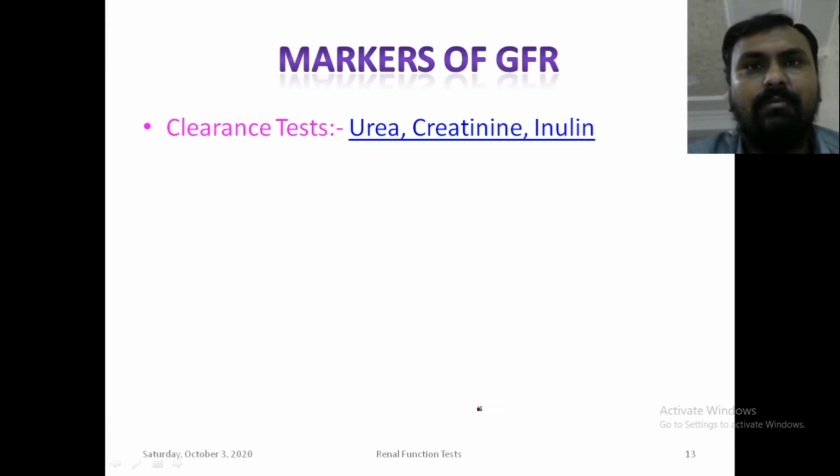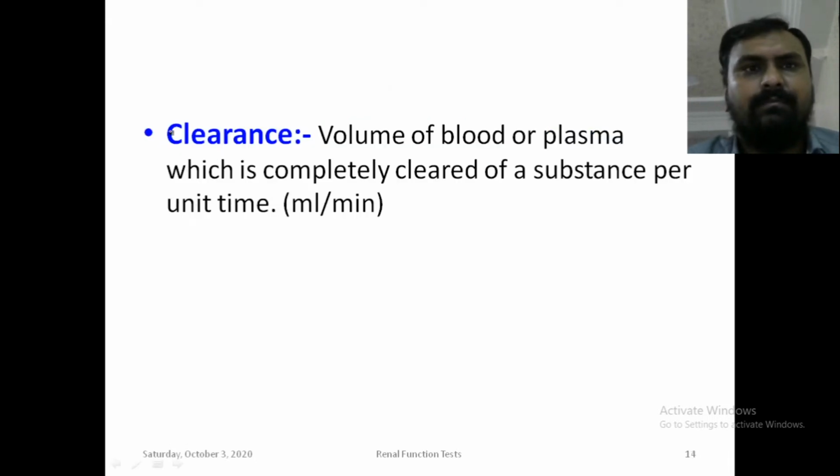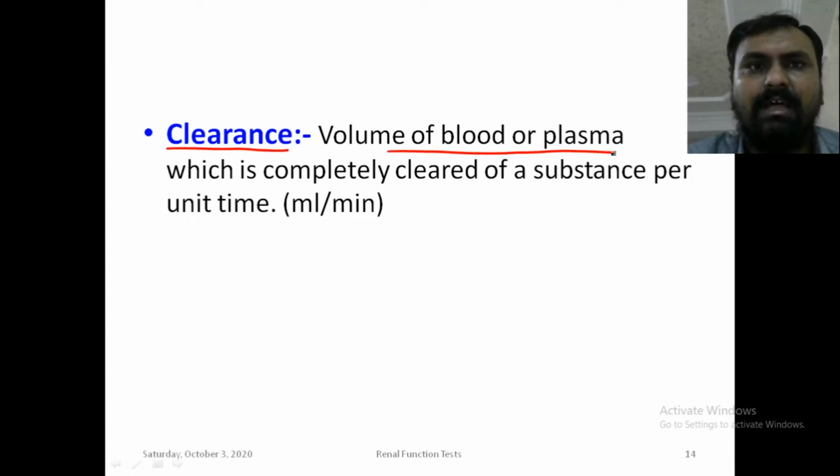Now the markers of glomerular filtration rate, that is the clearance test. So glomerular filtration rate we can measure with the help of clearance. We mainly use urea clearance, creatinine clearance, and inulin clearance. So what is clearance? It is the volume of blood or plasma which is completely cleared of a particular substance.